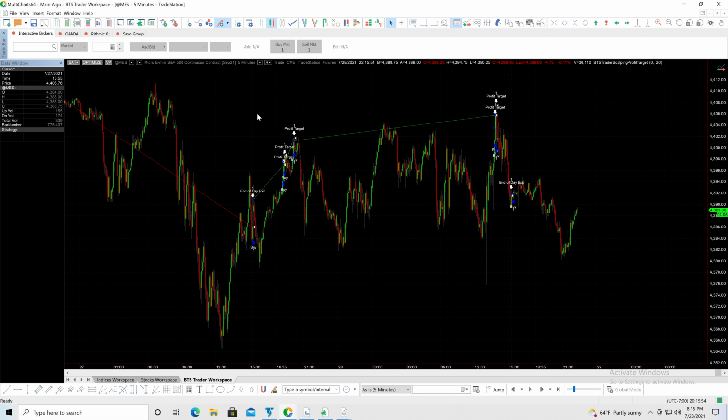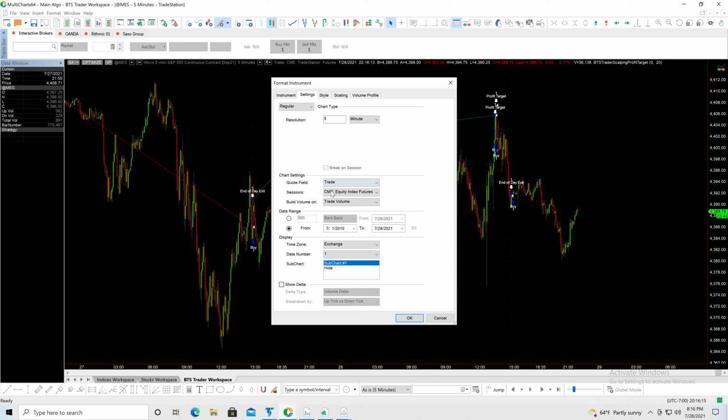So now we're actually going to look at the MES because it is a bit different just for the fact that they have longer trading hours. For those of you who don't know, this is the micro E-mini S&P 500 contract. And yes, we're on the 5-minute chart. Let's just take a look at this real fast again. 5 minutes.